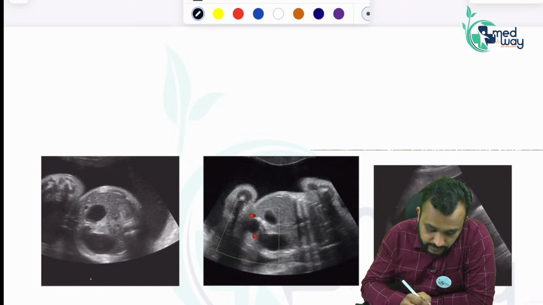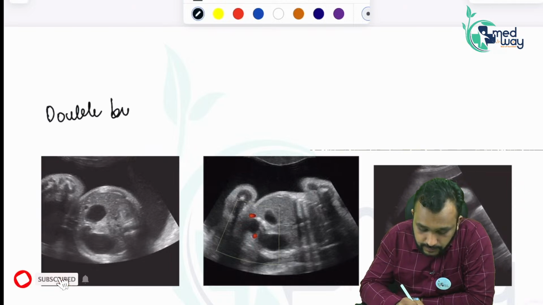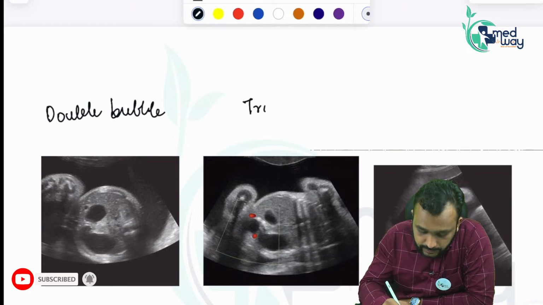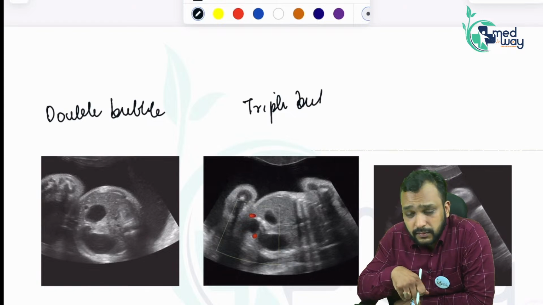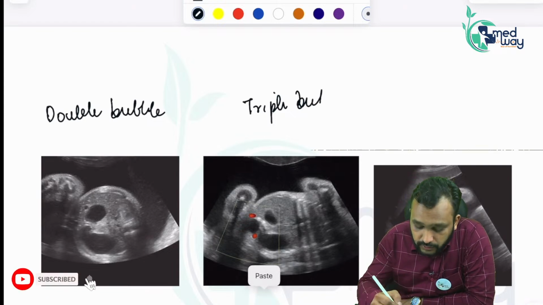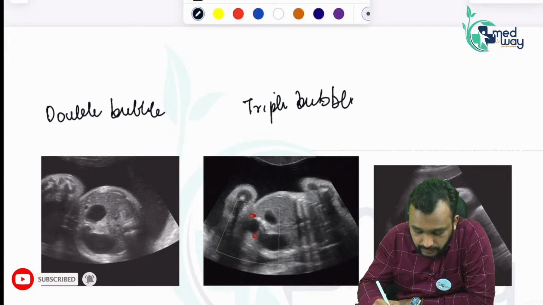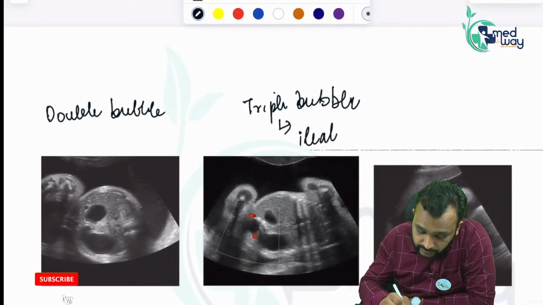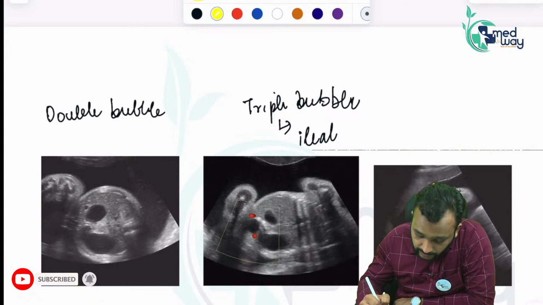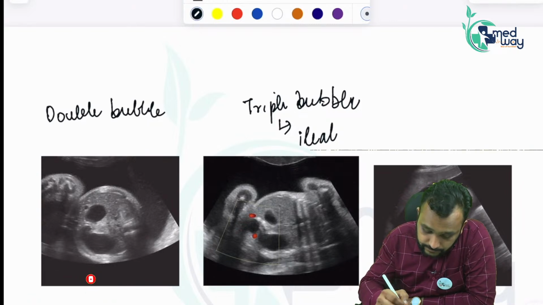So you have this double bubble sign seen in jejunal atresia, triple bubble sign in... You must have seen these appearances on the X-ray. I am showing you these appearances on the ultrasound. Triple bubble is seen in ileal atresia, and along with that you will see polyhydramnios in these patients.